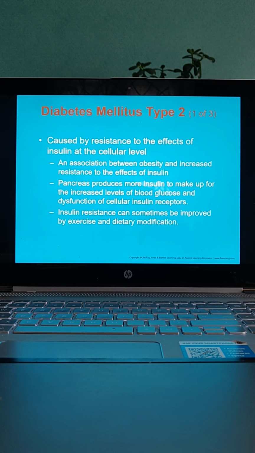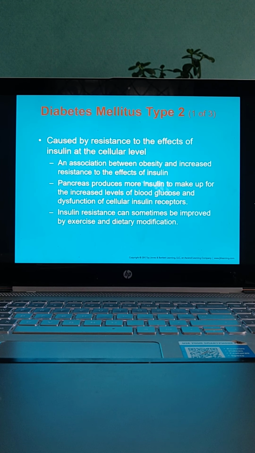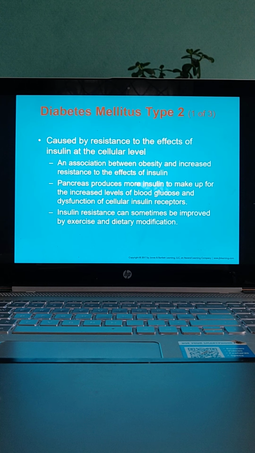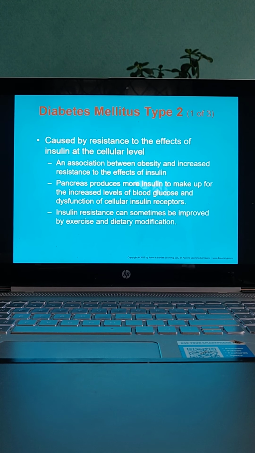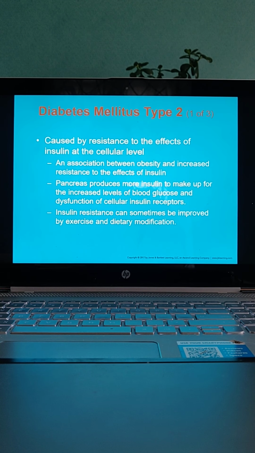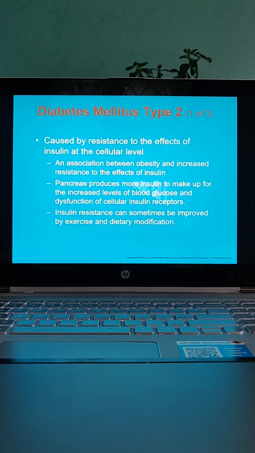It's caused by reasons that affect the insulin at the cellular level, with an association between obesity and increased resistance to the effects of insulin. The pancreas produces more insulin to make up for the increased levels of blood glucose and dysfunction of cellular insulin receptors. Insulin resistance can sometimes be improved by exercise and dietary modification, as well as oral medications.